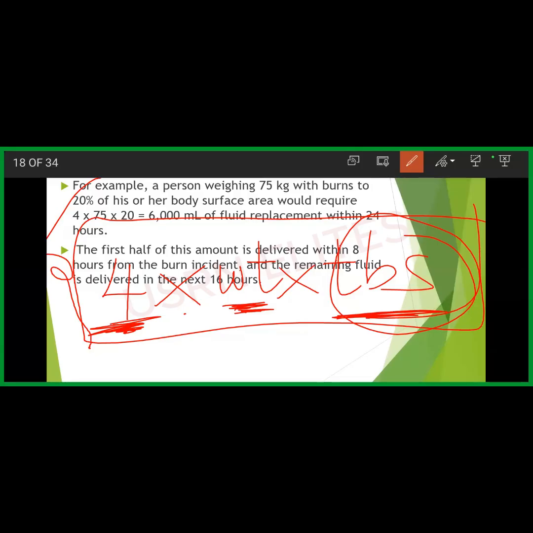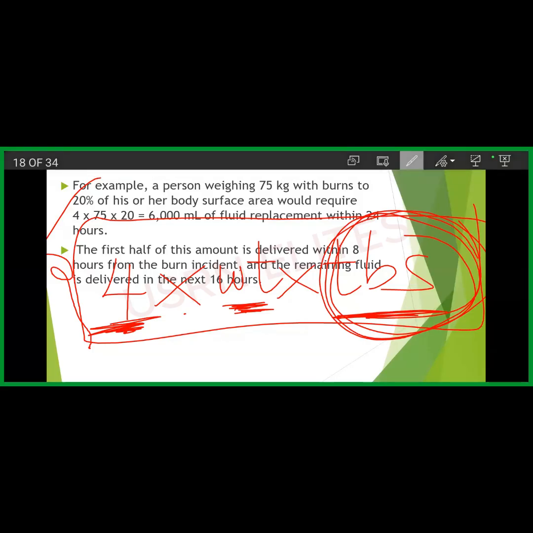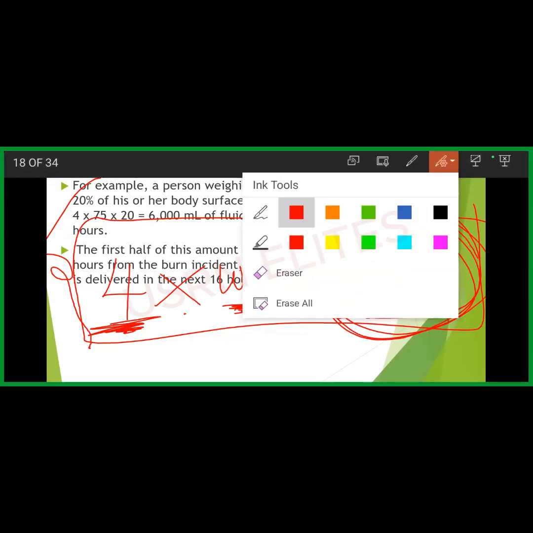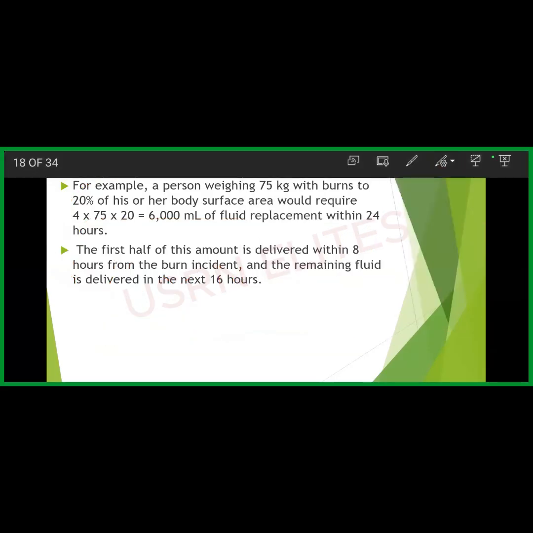Then they'll tell you to calculate the amount of fluid for maybe patient A. If you don't know the total burn surface area per the rule of 9, then you find yourself wanting. Let us revise the rule of 9, starting from top to down. Yes, please?